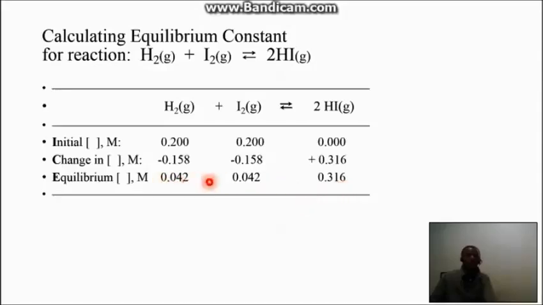So these are our equilibrium concentrations. That is, the concentrations at equilibrium are 0.042 for hydrogen, 0.042 for iodine, and 0.316 for HI.